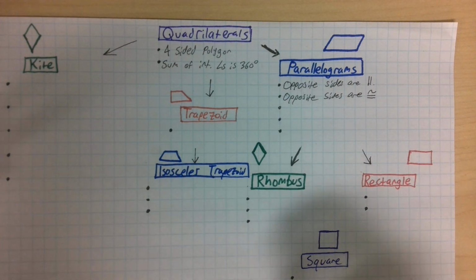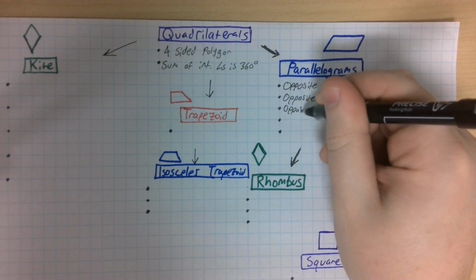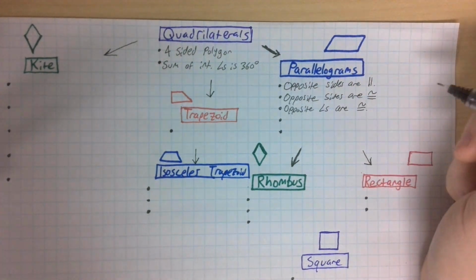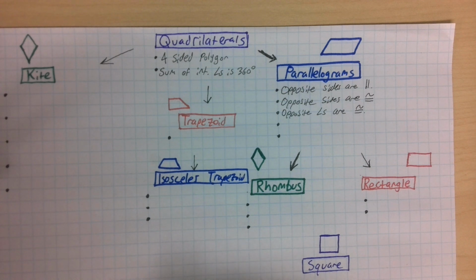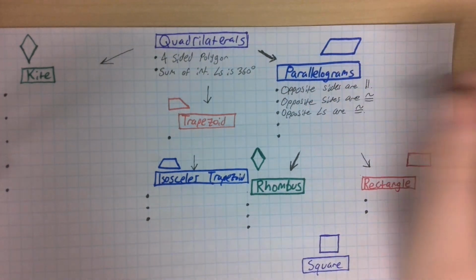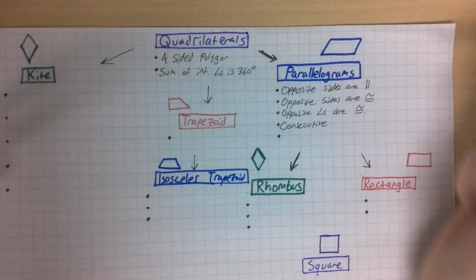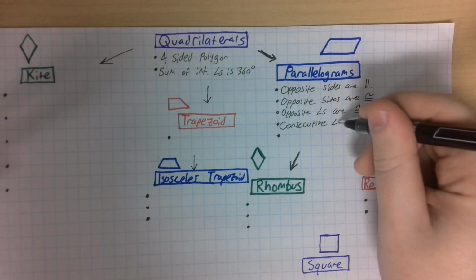Because of the parallelogram opposite angles theorem, we know opposite angles are congruent. Because of the parallelogram consecutive angles theorem, we know that 2 angles next to each other, which are consecutive, have to be supplementary.